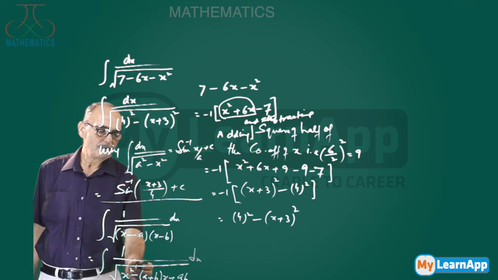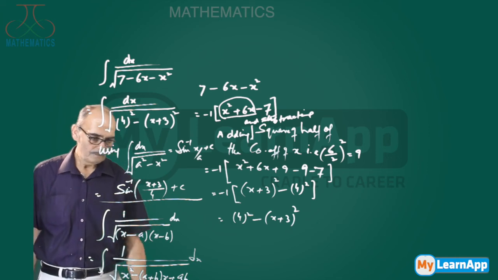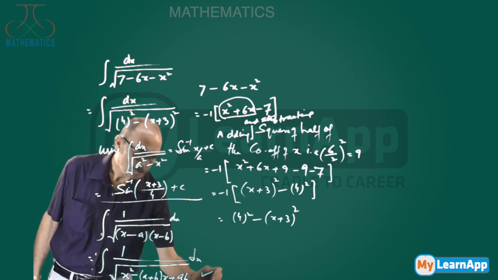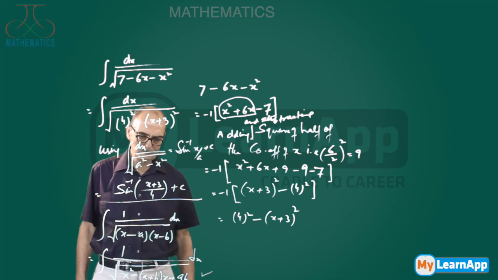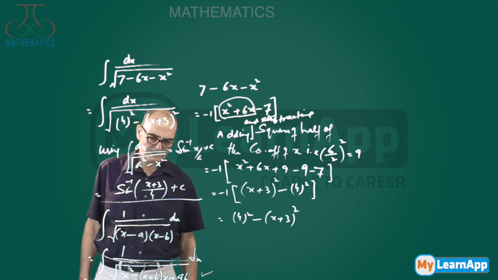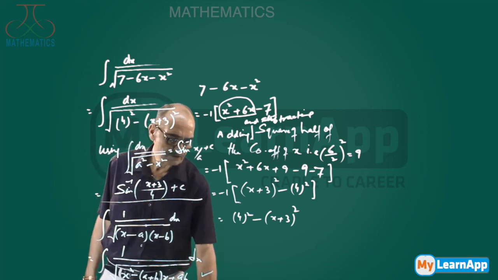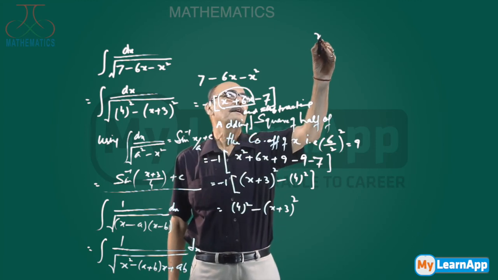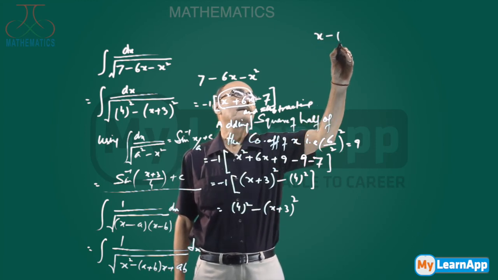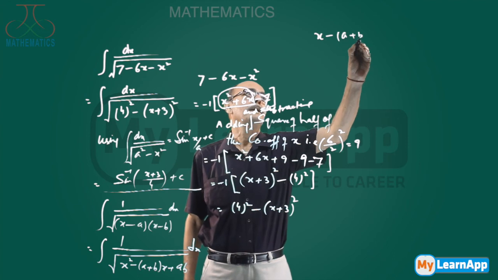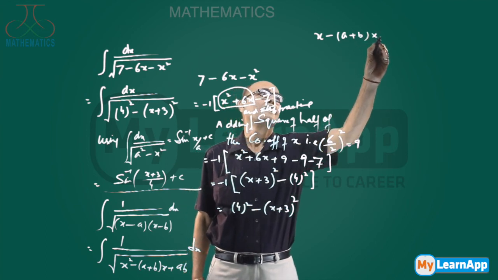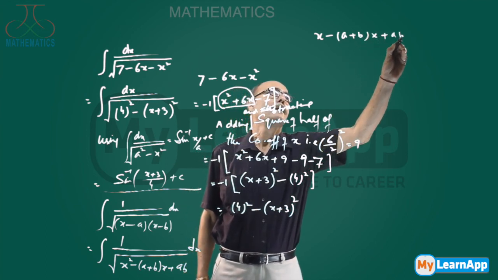Now we want to convert it, this result, the quantity under the radical sign, as the sum or difference of two squares, x square minus a plus b to x plus ab.